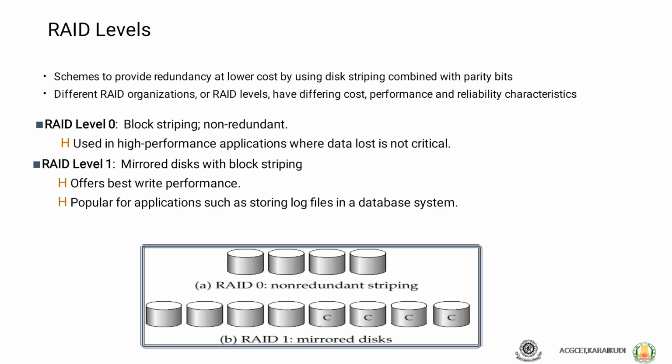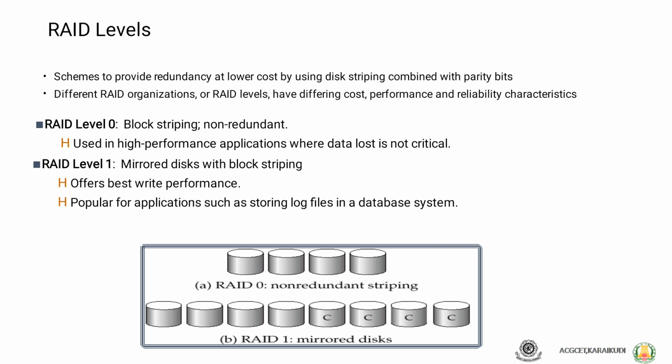First, we move on to RAID level 0, that is block striping, non redundant. This level maintains no redundant data and so has the best write performance since updates do not have to be replicated.